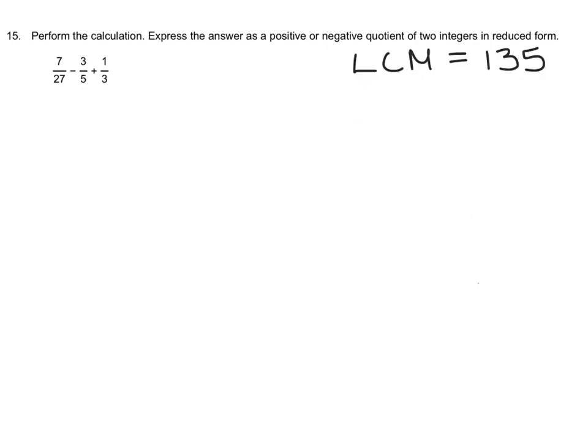Now that I know that the LCM is 135, I'm going to rewrite each fraction having a denominator of 135. In order to write the equivalent fraction, I'm going to ask myself, 27 times what will give me 135?